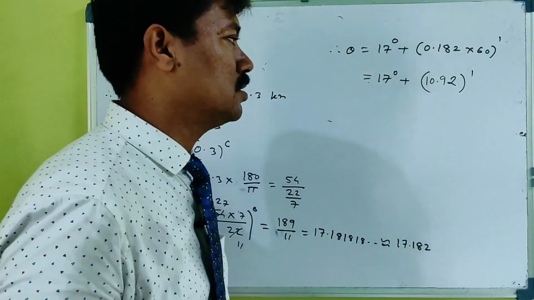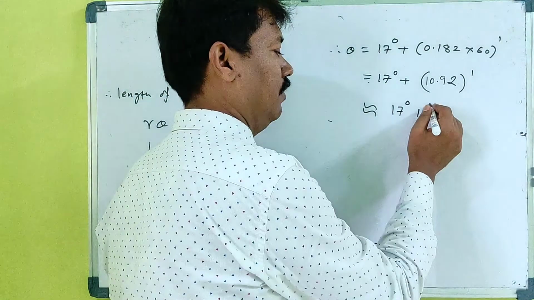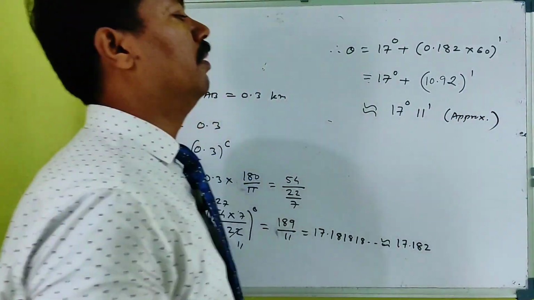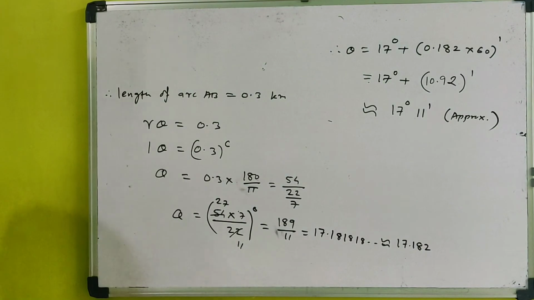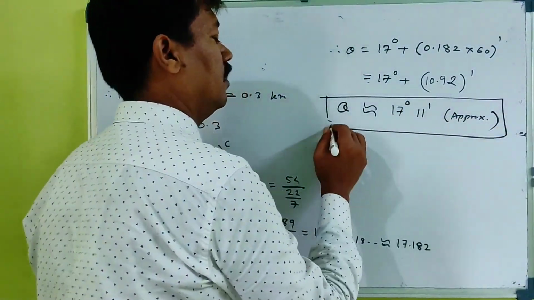So we can say it is approximately 17 degrees and 11 minutes, because we want to go with a rounded value. So that is 17 degrees and 11 minutes.